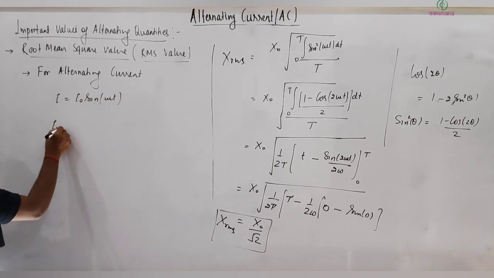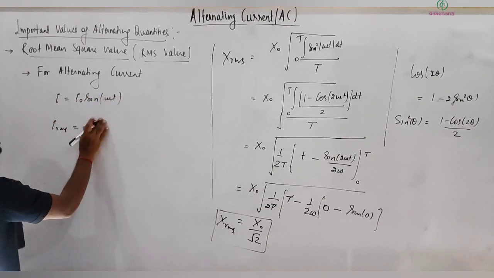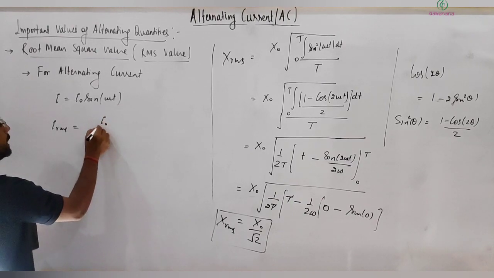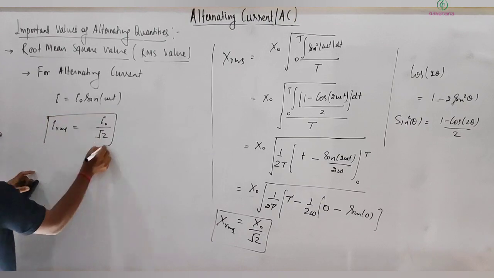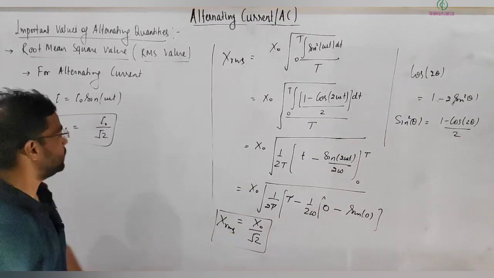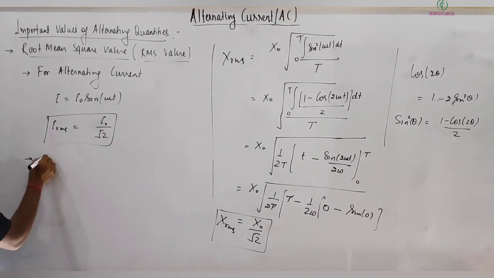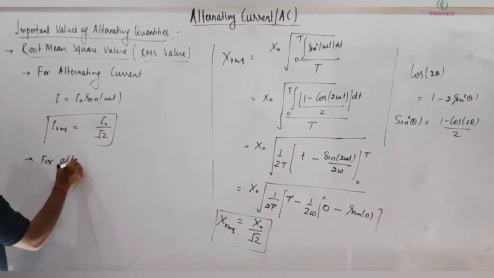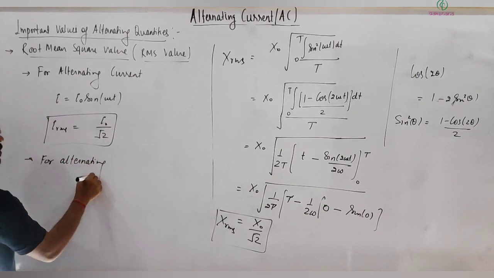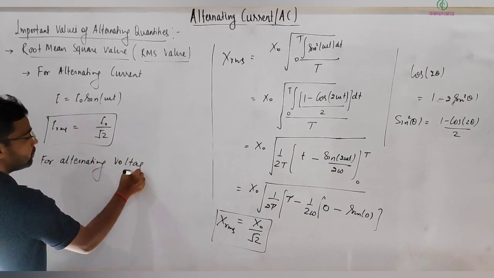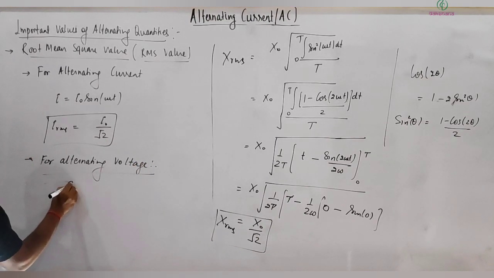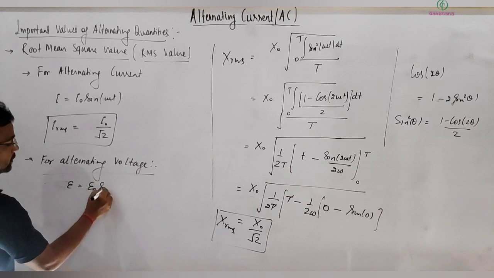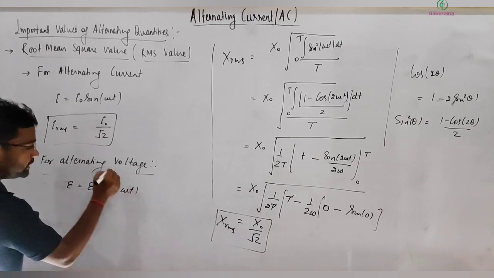Then its RMS value is given by I naught, its peak value, divided by root 2, calculated in exactly the same manner. Similarly, for alternating voltage, if E is given as E naught sine of omega t.